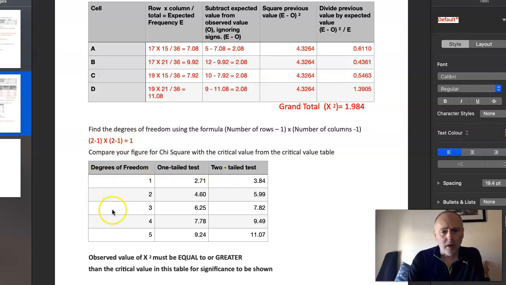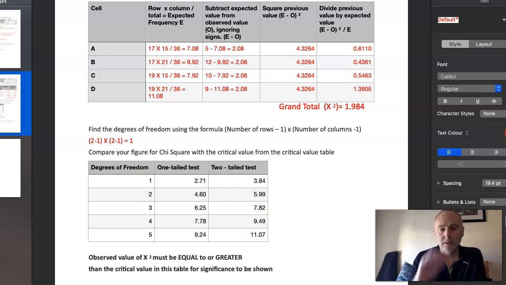Right, honestly, this is almost at an end here. This is the critical value table. We're going to use our critical value table to work out whether we have a significant result. Chi-squared equals 1.984. We have a two-tailed test, and we have a degrees of freedom of 1. What's our critical value? 3.84.